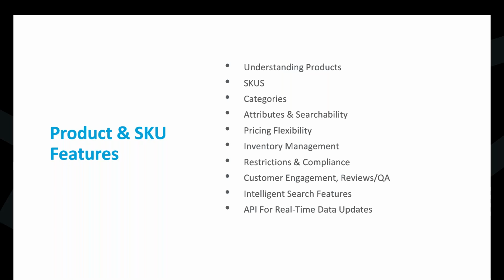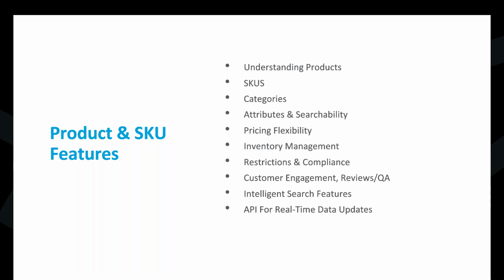This gives you the ability to show customers the right product at the right time, whether your goal is conversion, profitability, or moving some high-inventory or clearance items. This is something most boxed platforms simply don't offer. They give you a basic search bar, but we're giving you a merchandising engine that's AI ready.